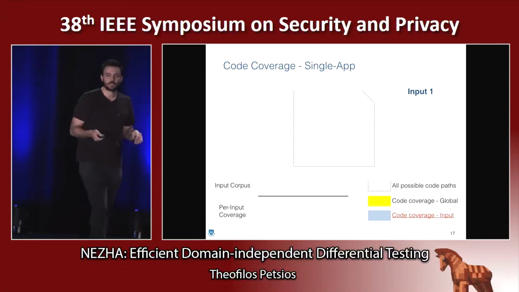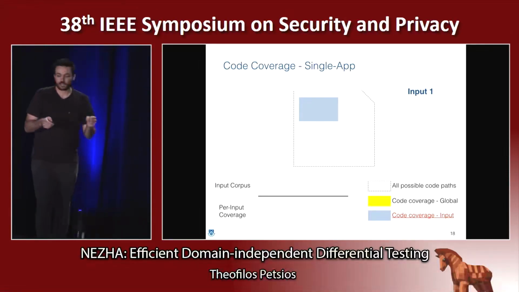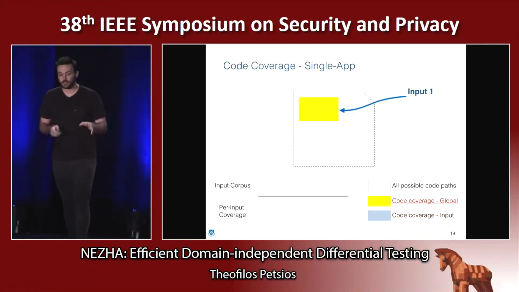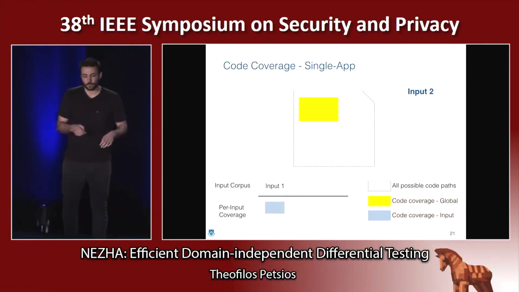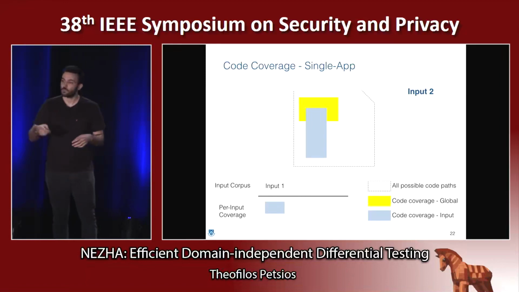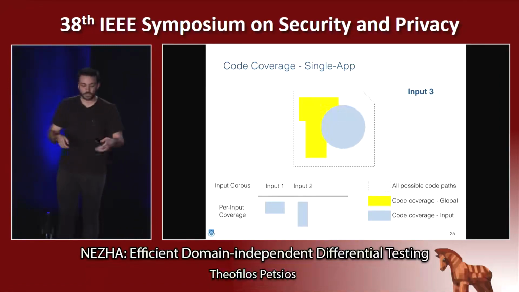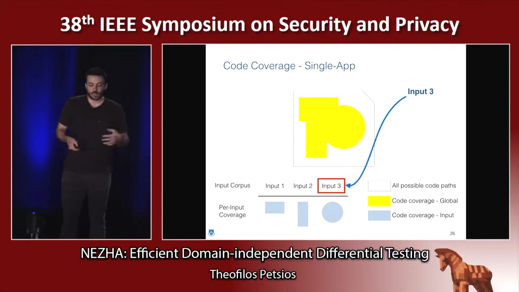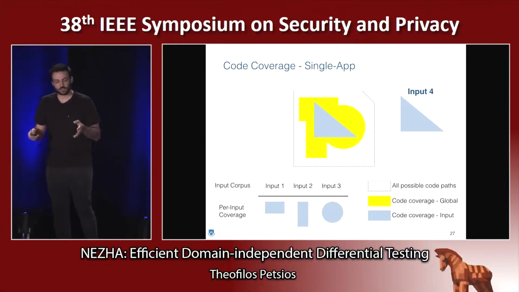Suppose we get this input 1 here, and we see that it exercises some portion of the control flow graph, and this is completely new, so we haven't seen it before. So we add this input into our corpus. We come up with a second input, we exercise it on the application, and again we see that we explore some new portion of the control flow graph. So we add this again to our corpus, and we keep doing this process until we reach a point where we exercise some input and discover nothing new.